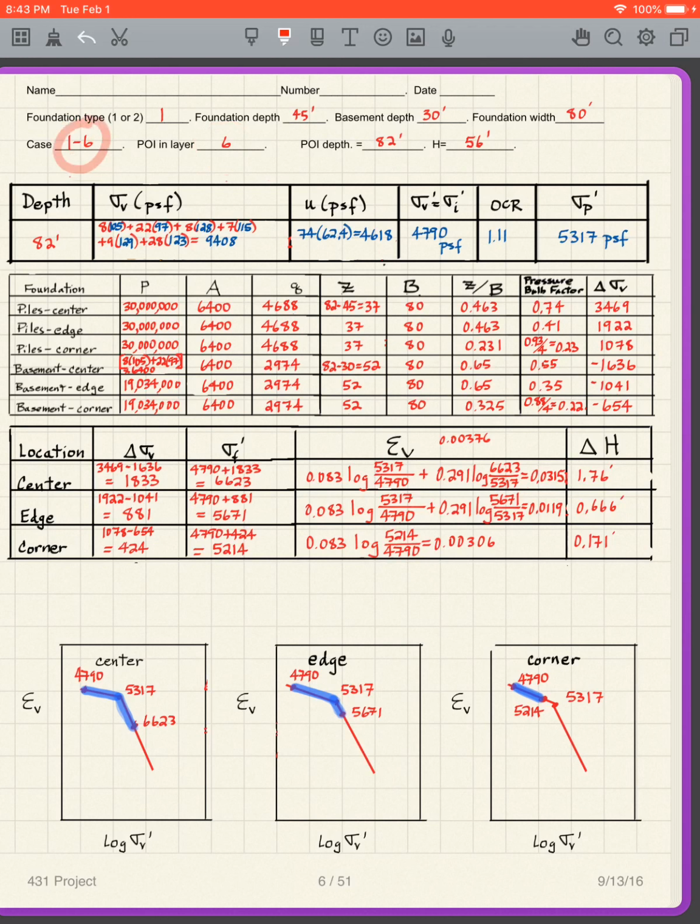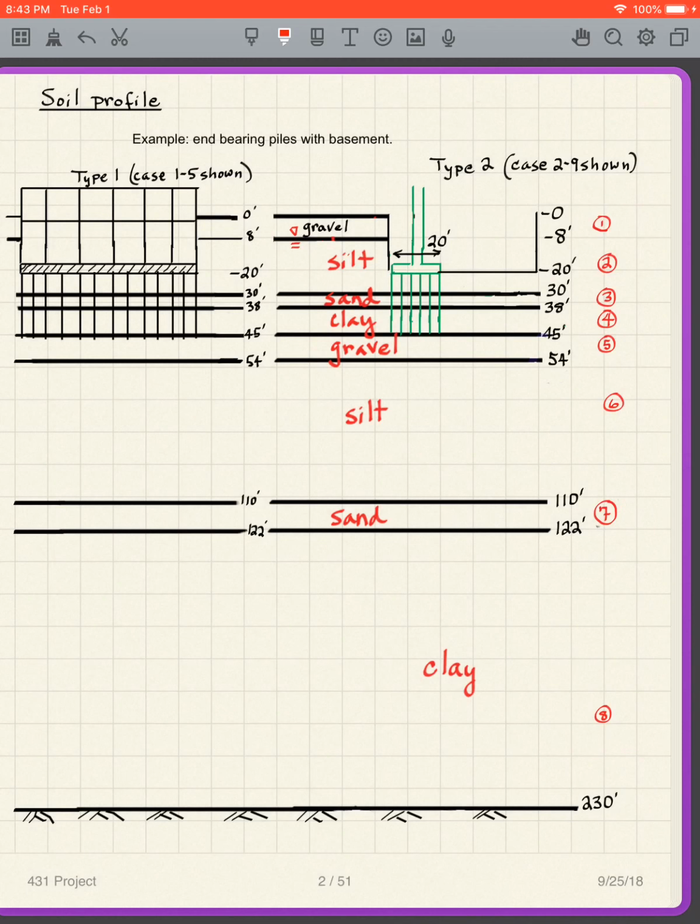So what does that say? Let's look at layer 6 with foundation depth of 45 feet. So here's our foundation depth, it goes to here at 45 feet. So that means that I don't consider this layer here. That silt isn't a problem for us, and this clay is not a problem for us, but this silt and this clay are.